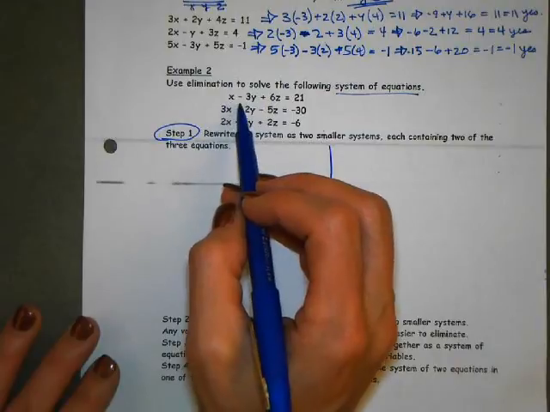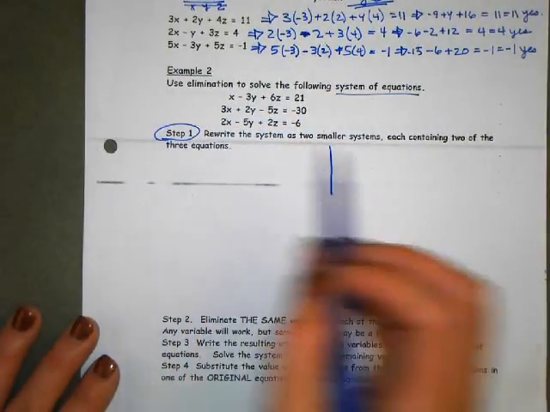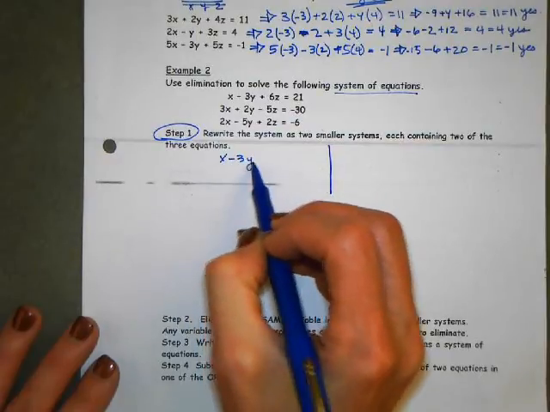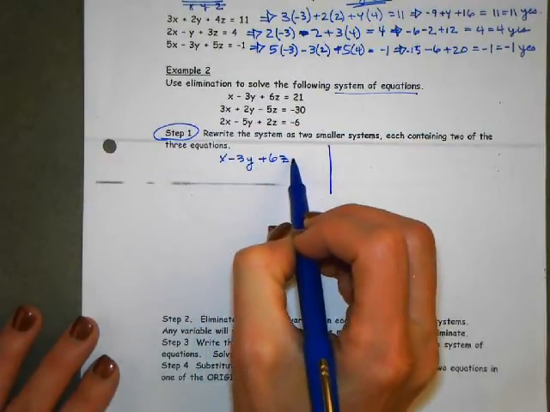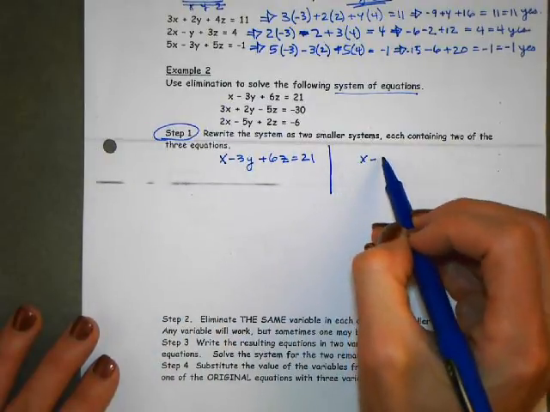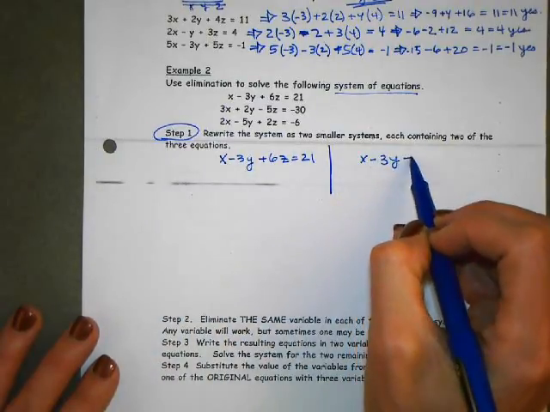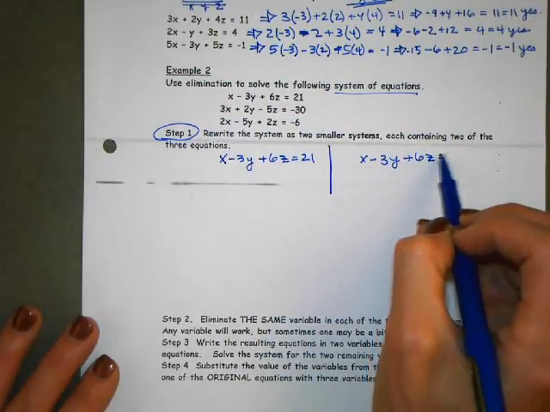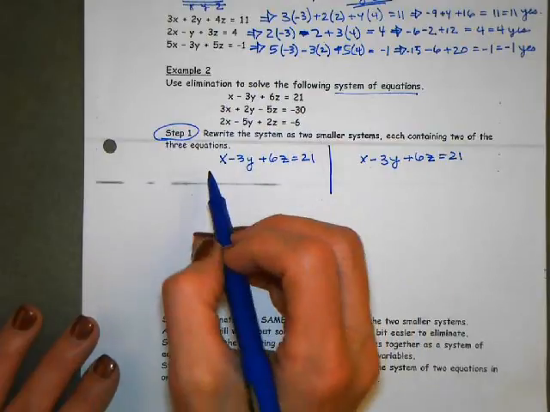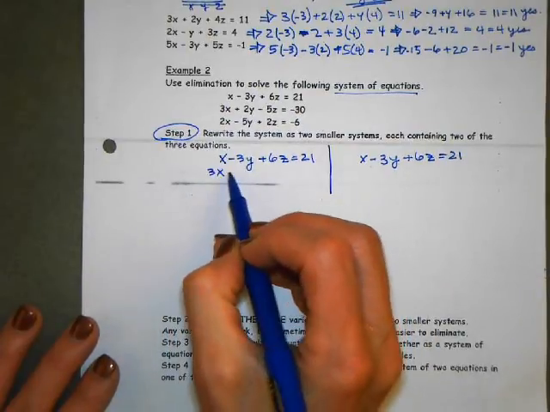So I'm just going to pick this x minus 3y as the one I'm going to put on both sides, okay? So I'll do x minus 3y plus 6z equals 21. And I'll do that on both sides. So one will be shared on both sides, and then the other two get distributed one on the other, okay? So I'll do 3x here.